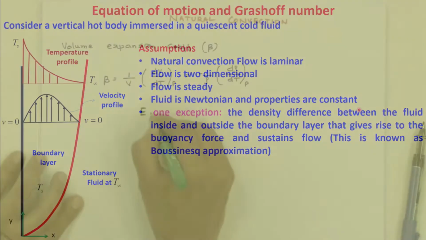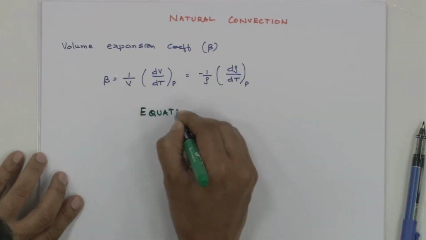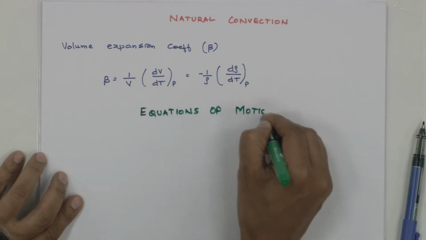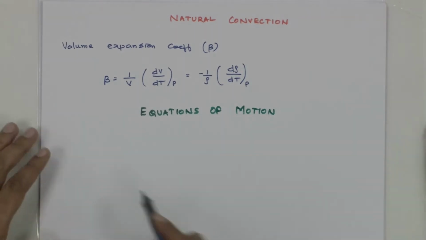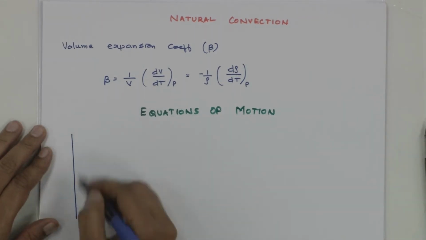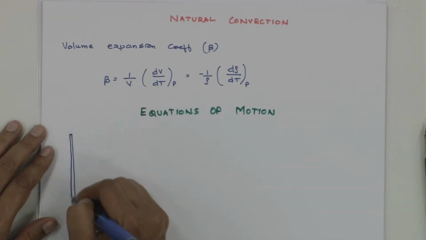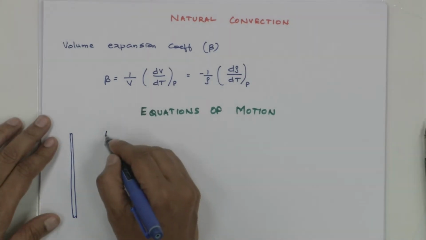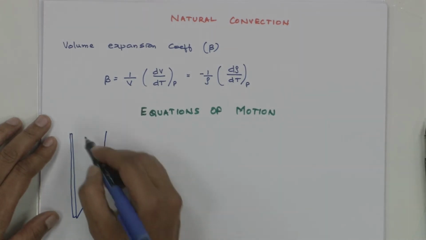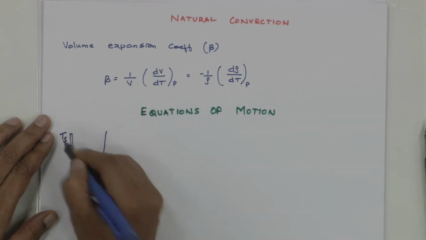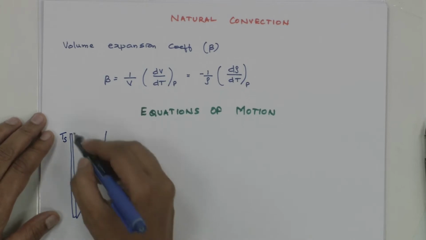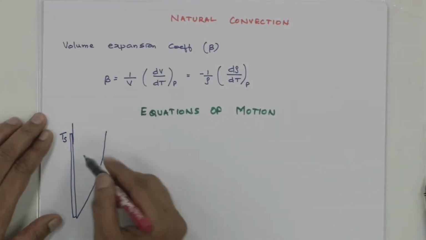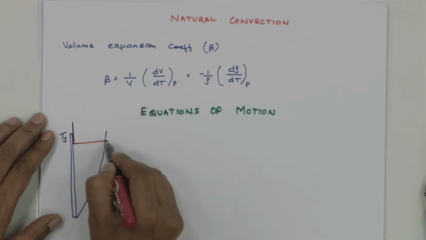Equations of motion for natural convection over a flat plate, which is a vertical plate. If I consider this as a vertical plate, this would be my boundary layer, and this is maintained at a constant temperature Ts, and the temperature distribution, if I were to plot, would be something like this.